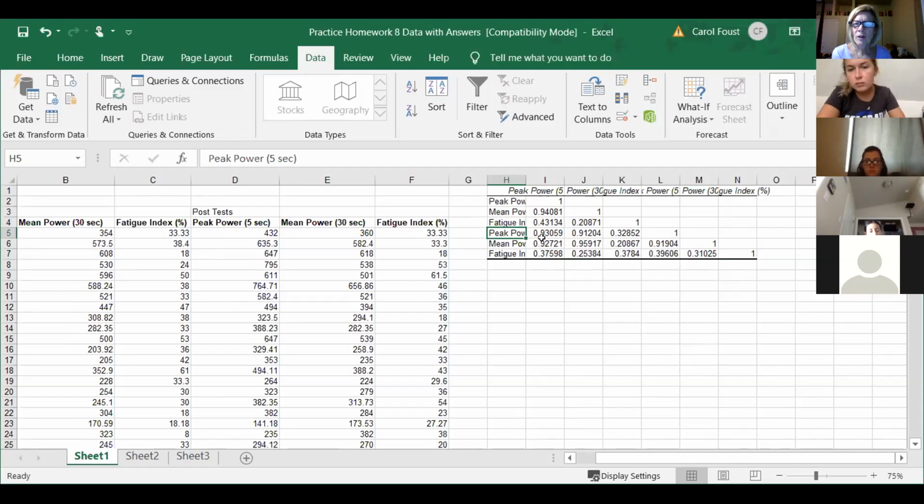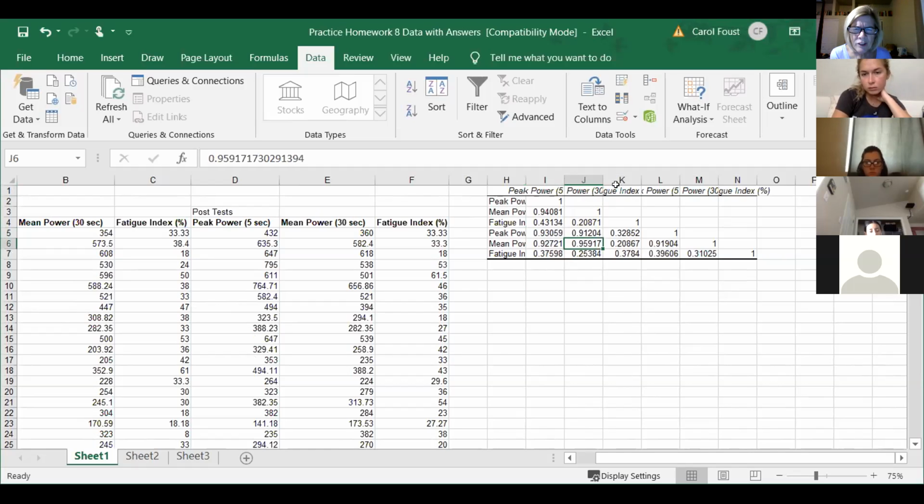They've got a correlation of 0.93. That's a good high correlation. Then we could look at mean power. Here's mean power, the first one, against the mean power, the second one, 0.95. That's nice and high. We know that there's a good high correlation there.